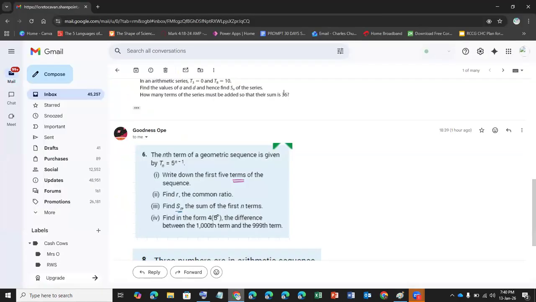Find in the form 4 two brackets. What on earth is that? I still don't know what that is. Is that 5 raised to the power 0 or 5 raised to the power n? The difference between the 1010 and the 999.